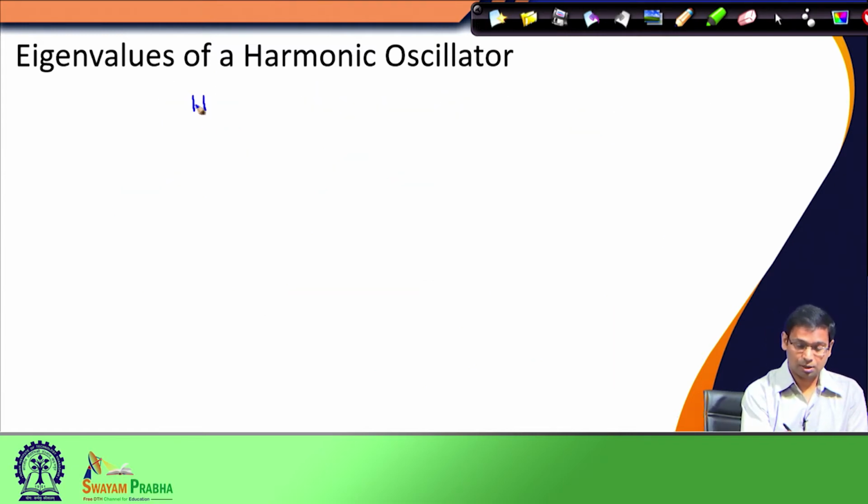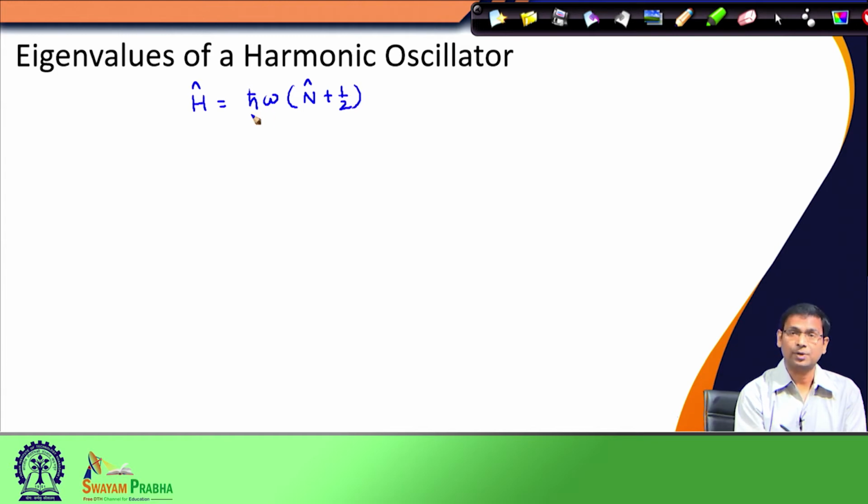So, the Hamiltonian operator H is defined as n plus half times h bar omega, and we saw that phi 0 is the lowest eigenfunction of operator n. So, if I apply the Hamiltonian operator on phi 0, what would I get?